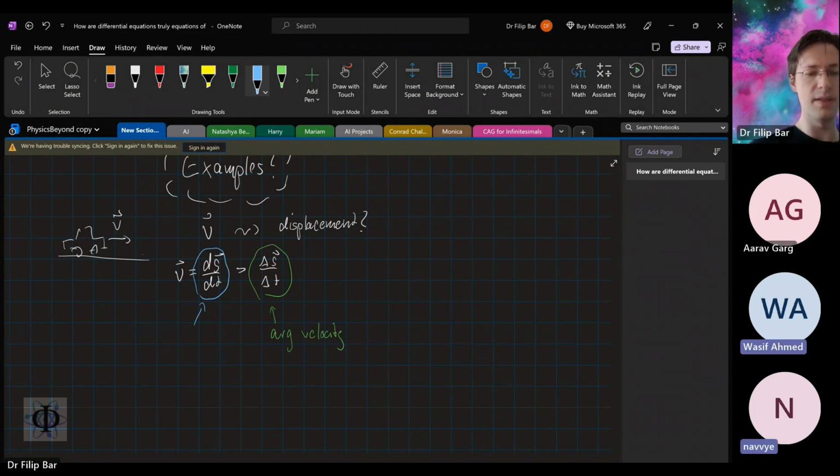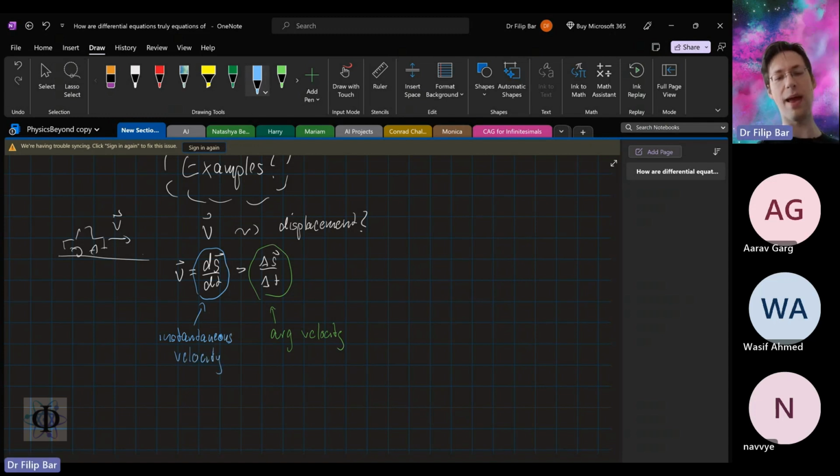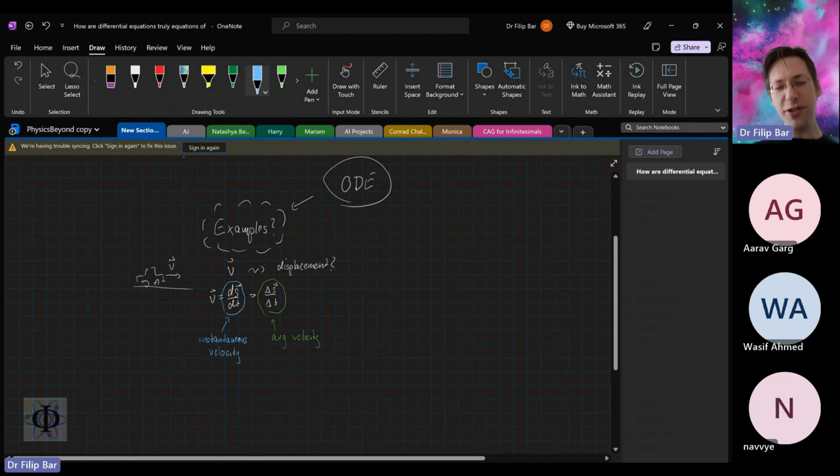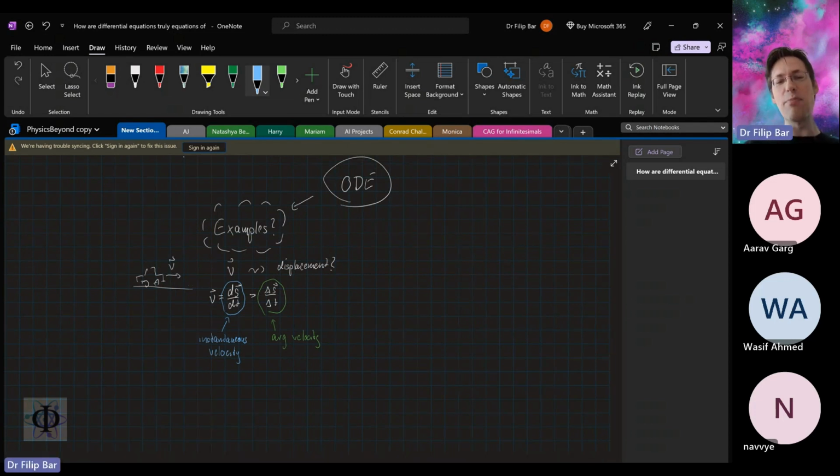The instantaneous velocity. Oh, well done. Even in a chorus. Yes. So this is instantaneous velocity. Right? That's what's happening. And average, of course, just takes an average, and instantaneous is in a moment of time.